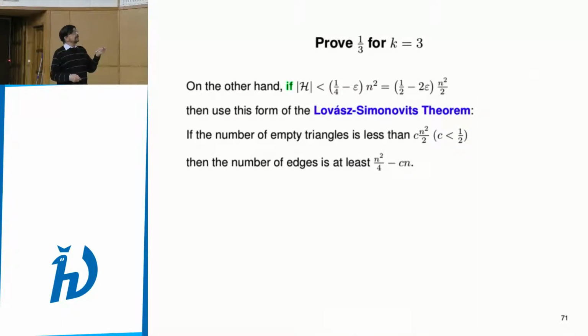So the number of edges is at least, so the number of empty triangles is less than this one.